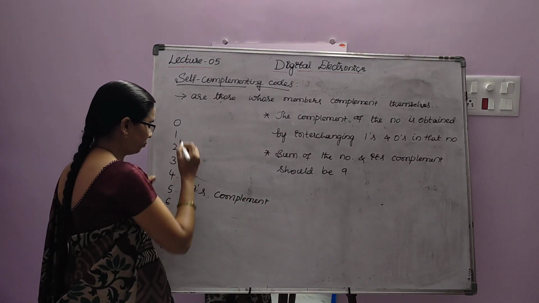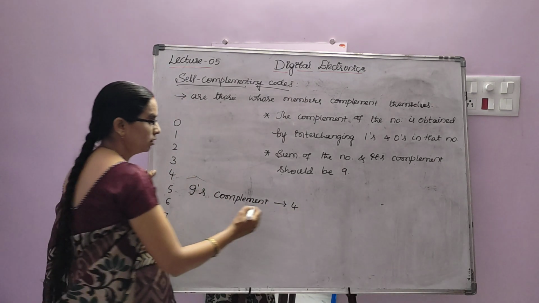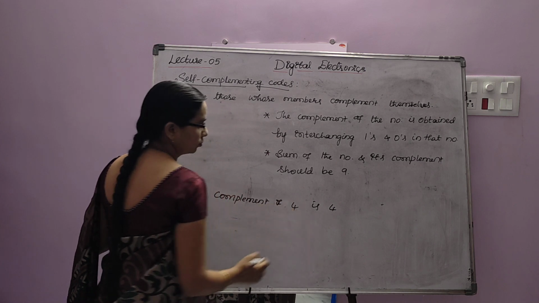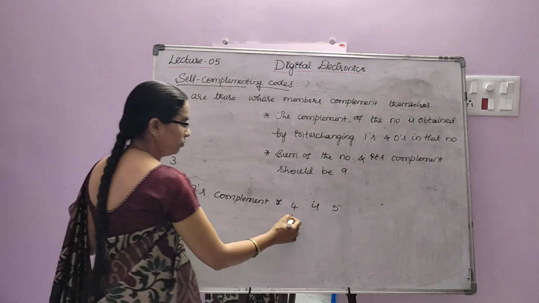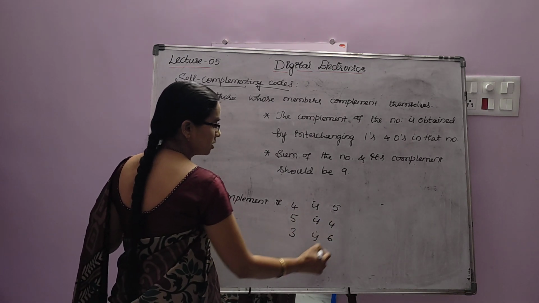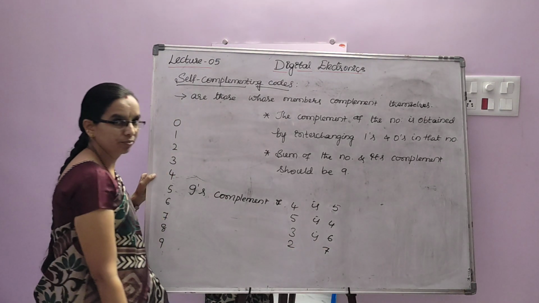The 9's complement of 4 is 5, and the 9's complement of 5 is 4, the 9's complement of 3 is 6, the 9's complement of 2 is 7.